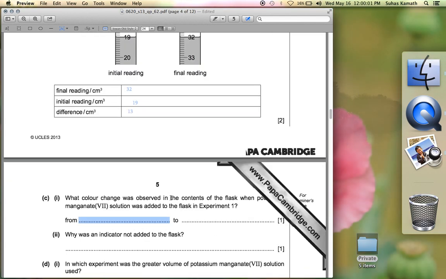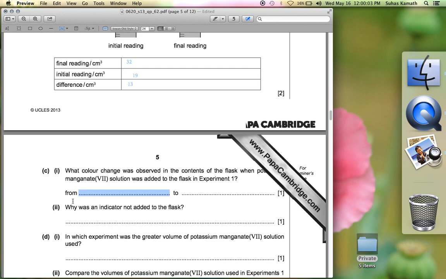It's 12 o'clock. Thank you. From purple to colorless, from purple to pink.